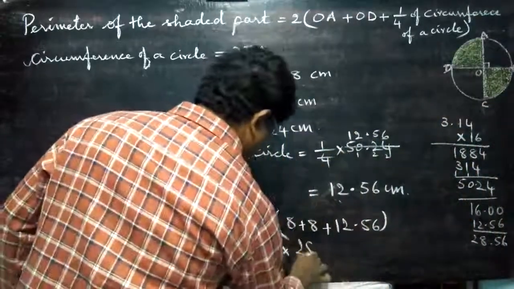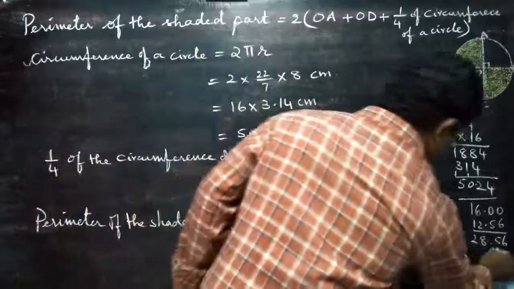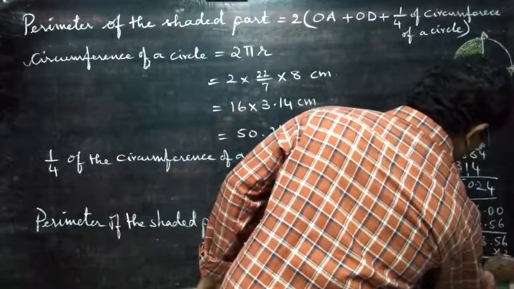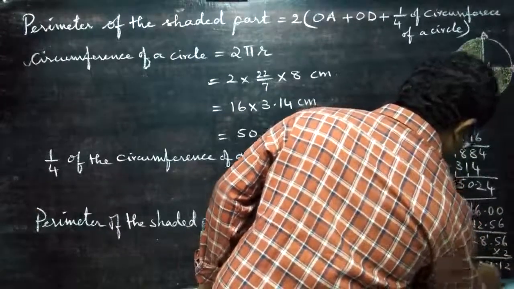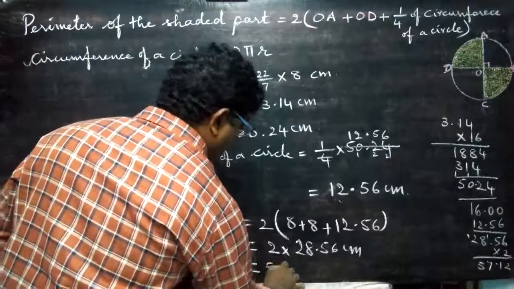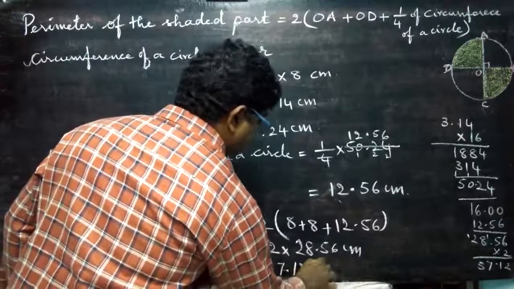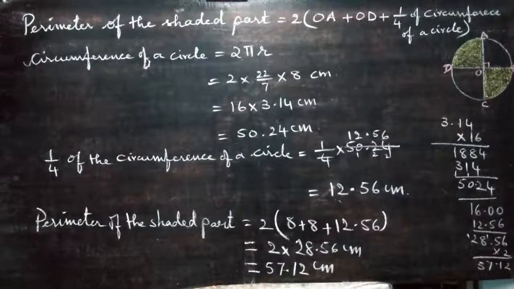So 28.56 centimeters into 2 you do, 12, 2, 1, 10, 11, 1, 16, 17, 1, 5. So how much you got means 57.12 centimeters. What is this one? Perimeter of the shaded part. Therefore, the perimeter of the shaded part is equal to 57.12 centimeters.